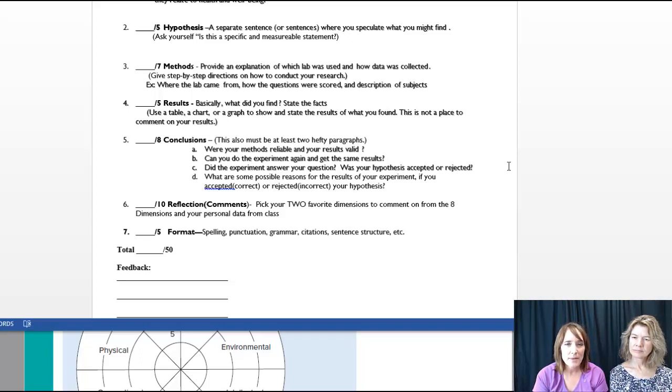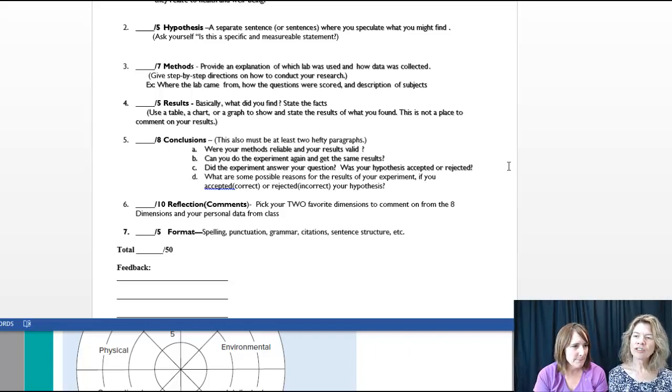And then by 11 p.m., you'll need to have commented on 2 other students' lab reports to take a look at it, see if it makes sense to you, see if their hypothesis is measurable, see if their results follow their hypothesis in reporting, and just see if they have any grammatical errors or anything like that. We'd like you to do some peer response to at least 2 other lab reports.